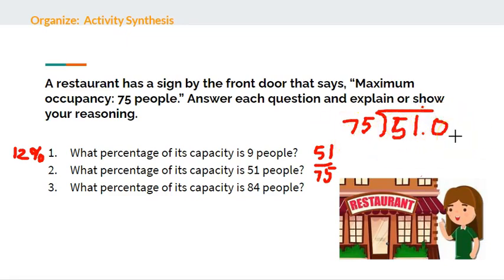It will go into 510. Probably close to 7 times? No, 7 times would be a little too much. Should be 6 times. So 30, carry the 3. 6 times 7 is 42, plus the 3 gives me 45.